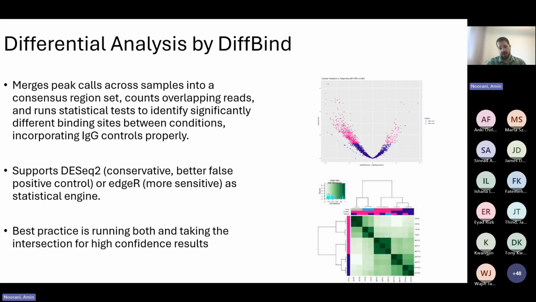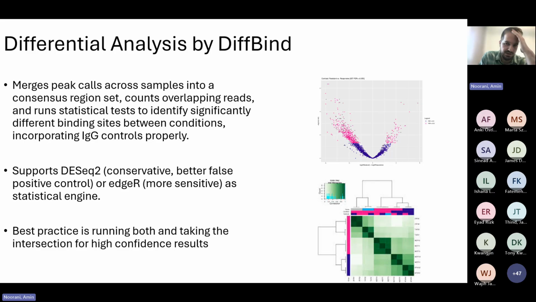And once you have your data and confirm the quality is good, sometimes you want to do differential analysis. So you have peaks and read counts, and you ask which regions are significantly more or less bound in one condition and not in another condition.